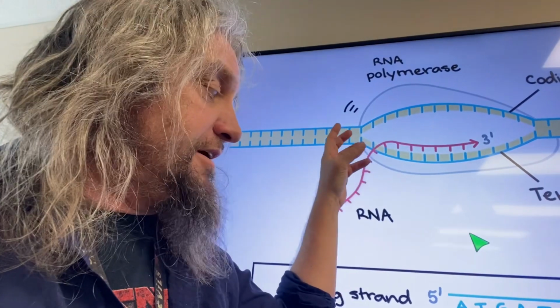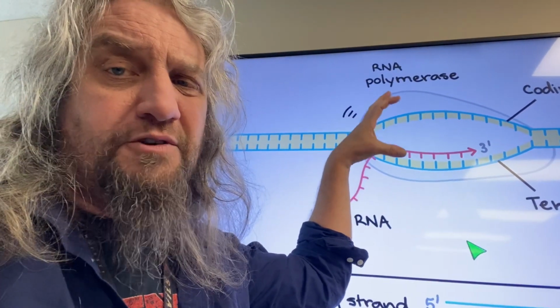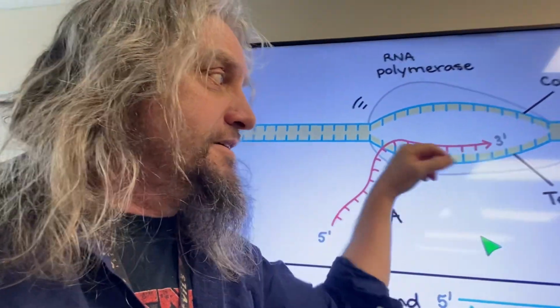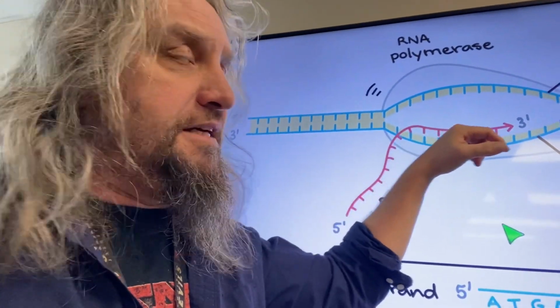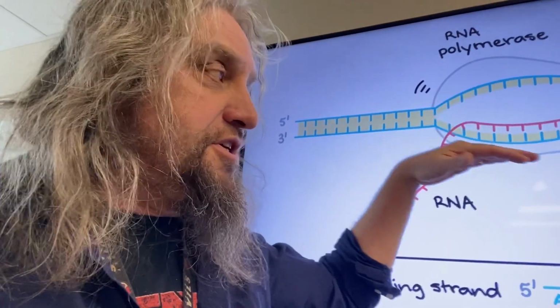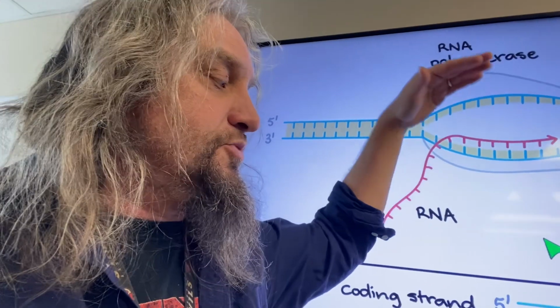And RNA polymerase attaches onto the strand of DNA after it's been split, and it reads one side from the 3 to the 5 side, and it matches up C's with G's and T's with A's and A's with U.